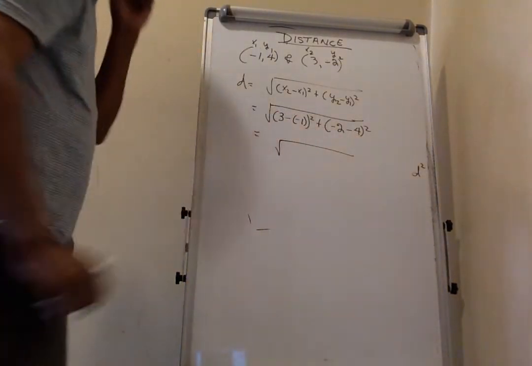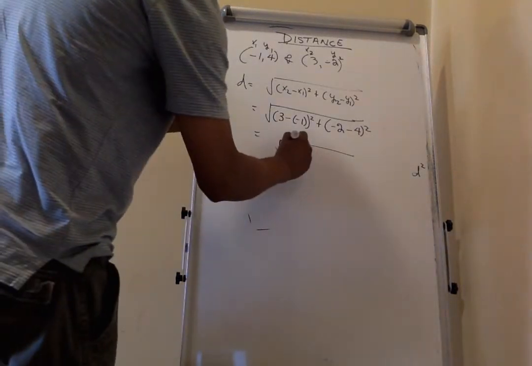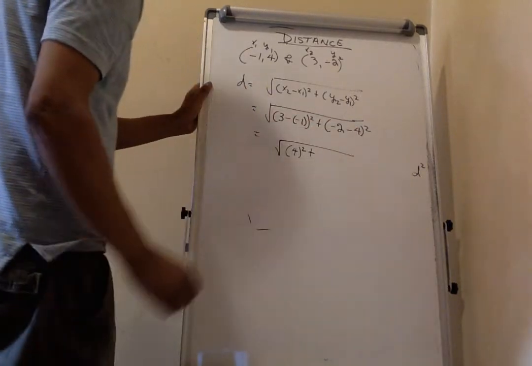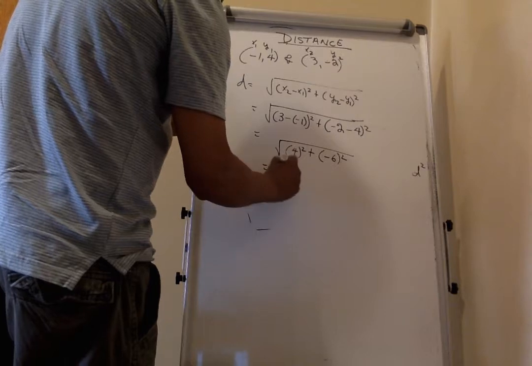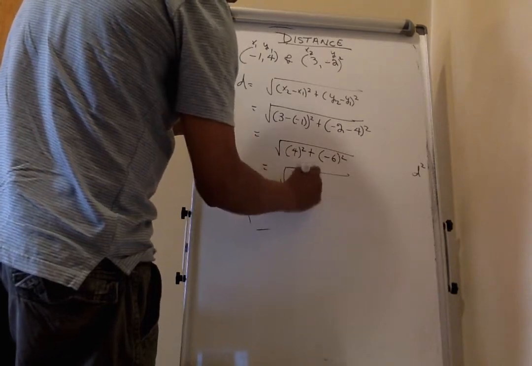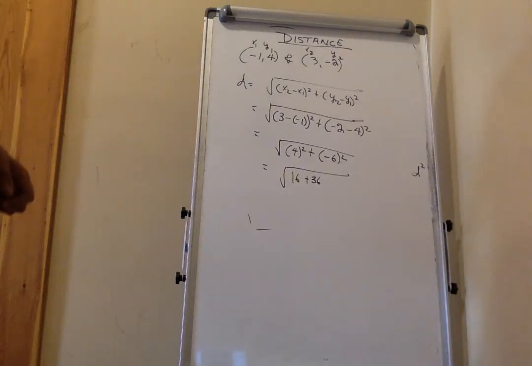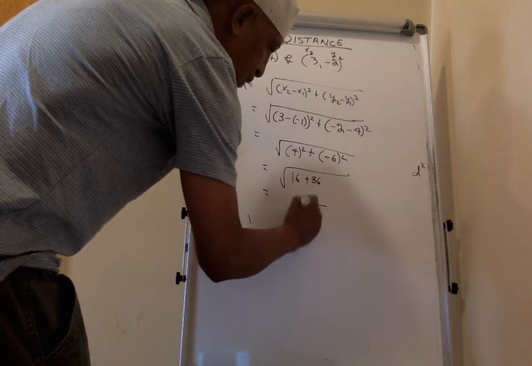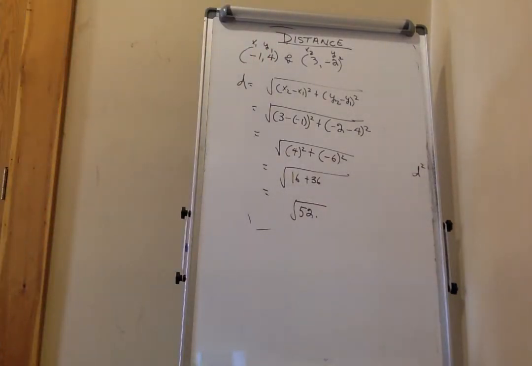Now 3 minus negative 1 is positive 4, and then you have 4 squared plus negative 2 minus 4 is negative 6 squared. Then you have 16 plus 36, right? And add them together. You have the square root of 52, right?